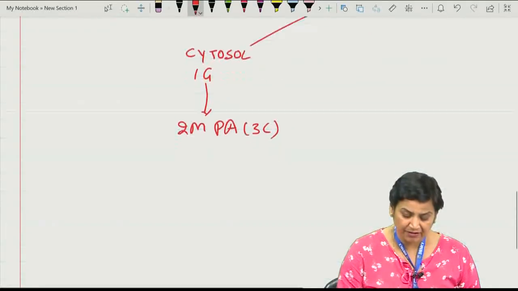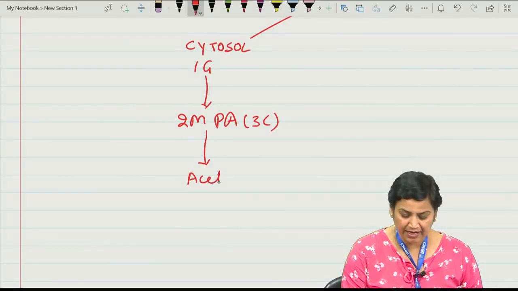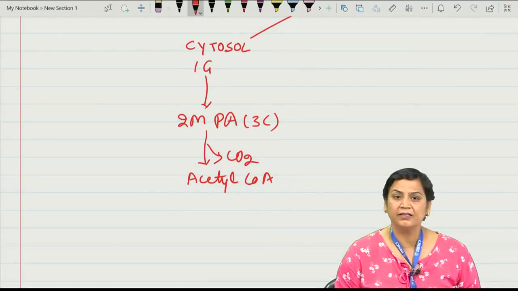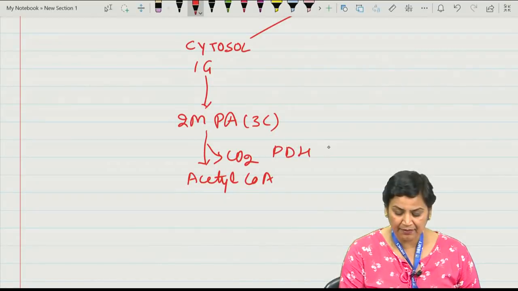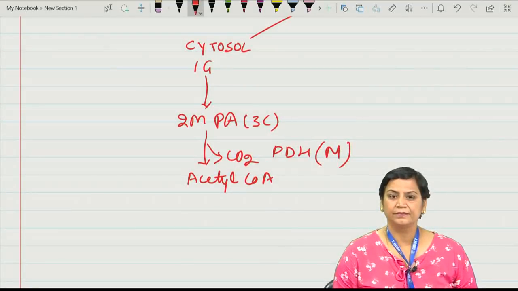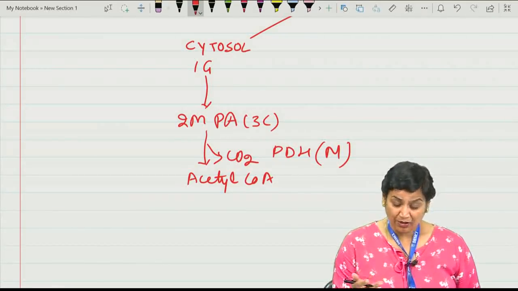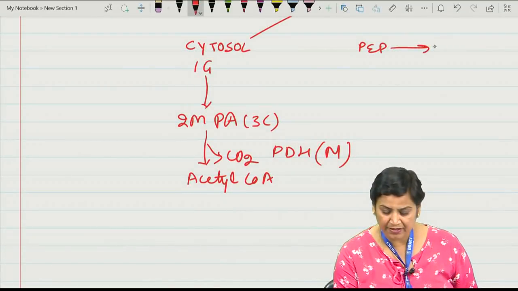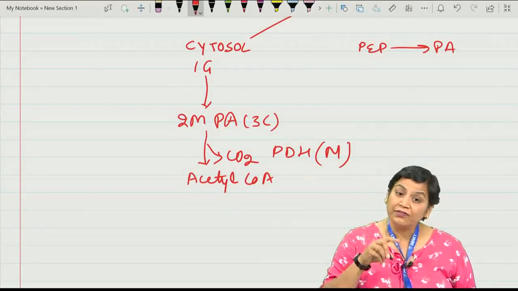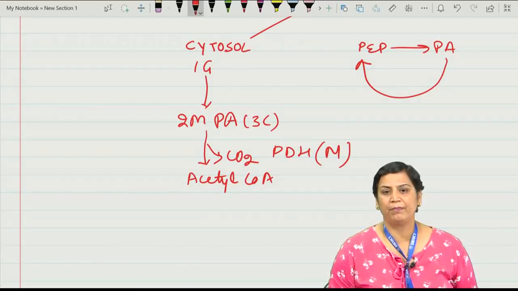Now this pyruvic acid will be converted to acetyl coenzyme A, giving out 1 molecule of carbon dioxide, by the PDH enzyme in the mitochondria. Now, just now I told you the third step of glycolysis, that is conversion of PEP to pyruvic acid, would be the first step of gluconeogenesis, that means conversion of pyruvic acid to PEP.